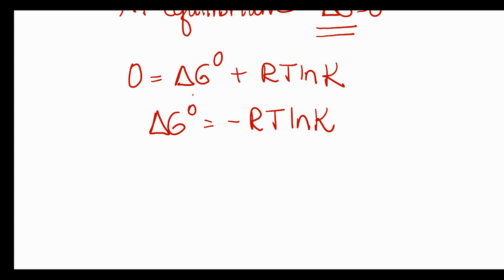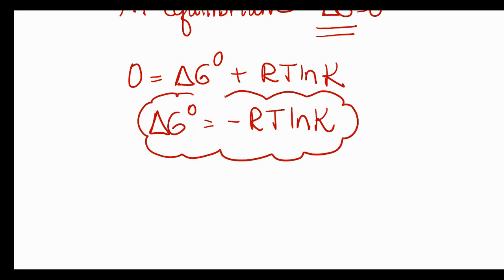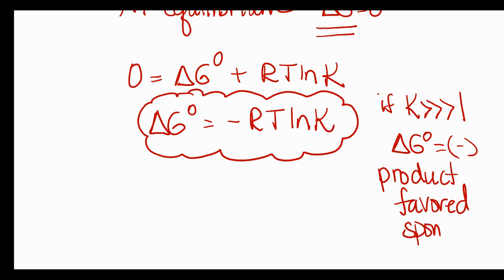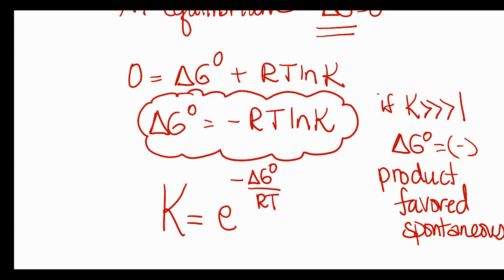And this is a really exciting point for us because it brings together all these chapters we've done. What this is saying is that if K is much greater than 1, delta G is negative, product favored, and spontaneous. Solving for K will equal e to the negative delta G over RT.